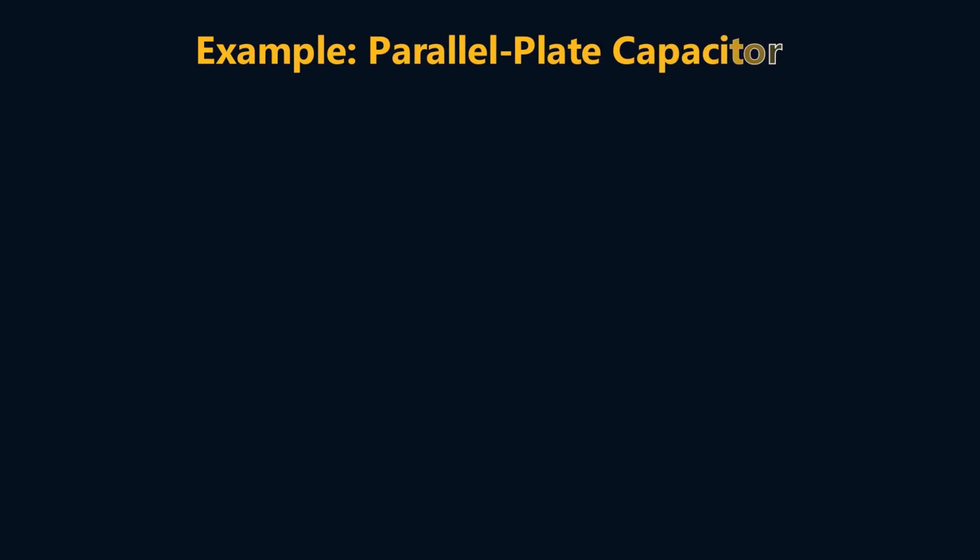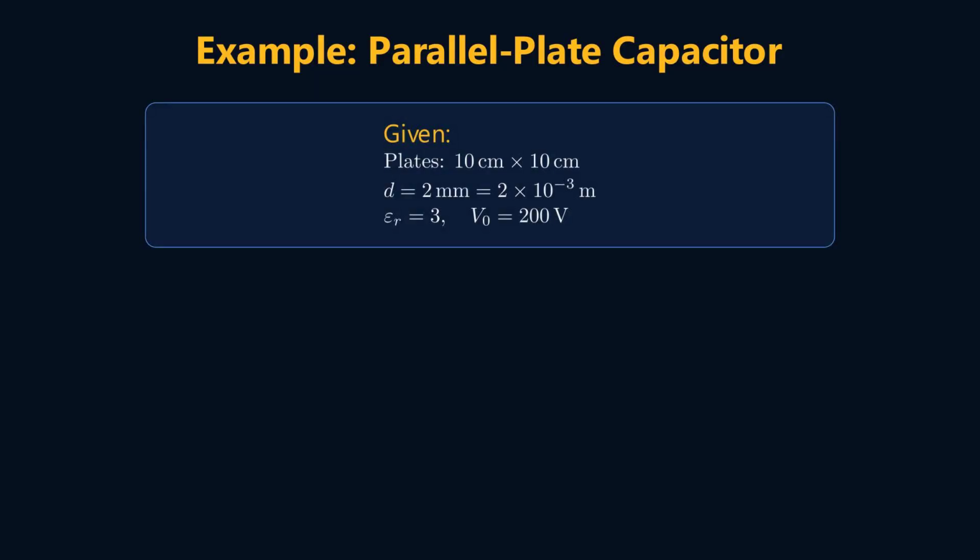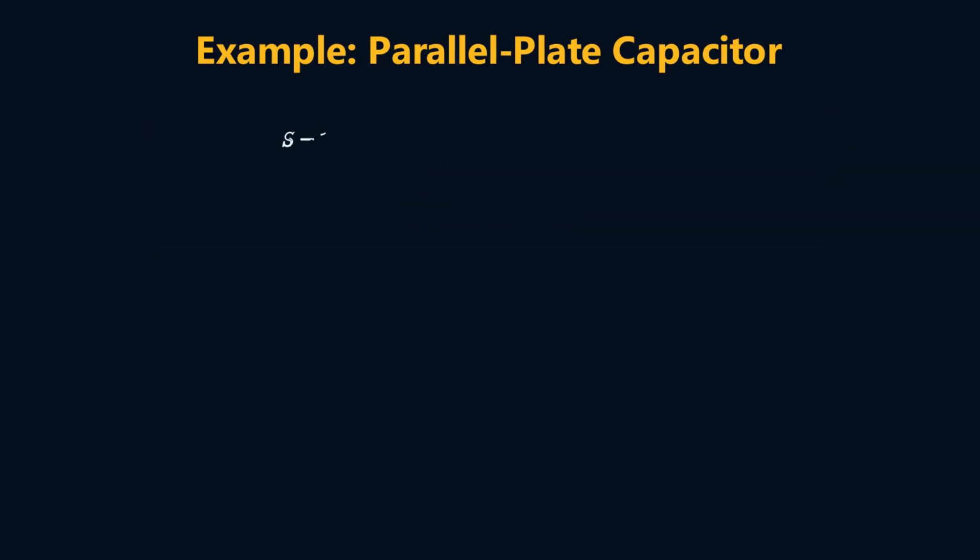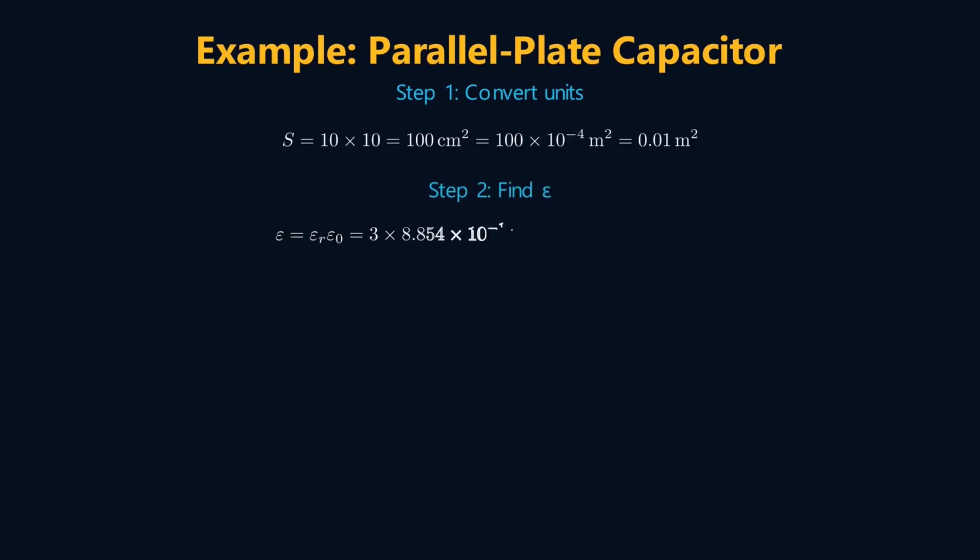A parallel plate capacitor has square plates of side length 10 centimeters, separated by 2 millimeters. The dielectric has relative permittivity epsilon R equals 3. A voltage of 200 volts is applied. Find the capacitance, charge, and stored energy. Step 1. Convert units.